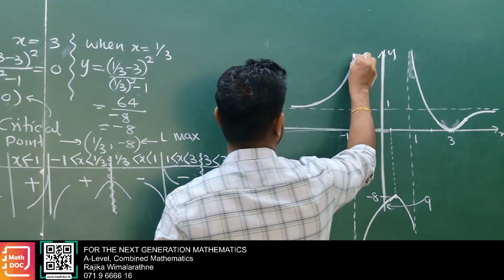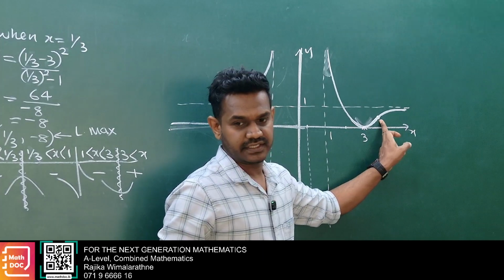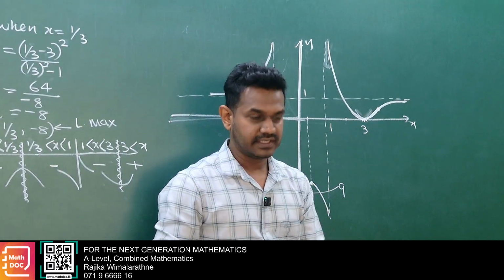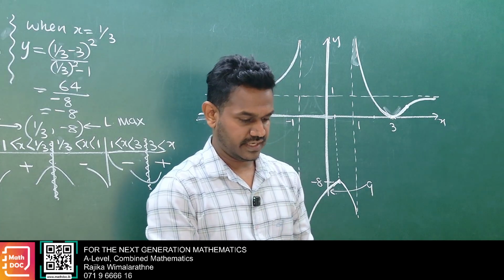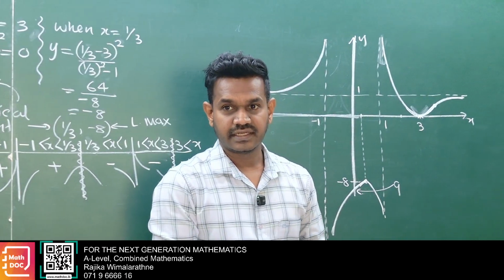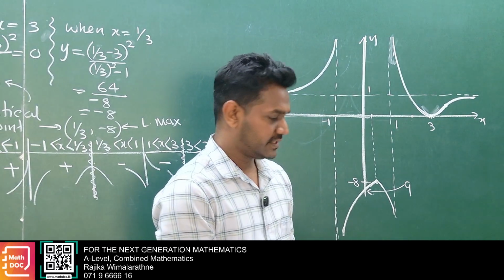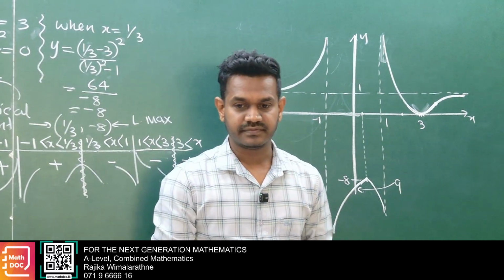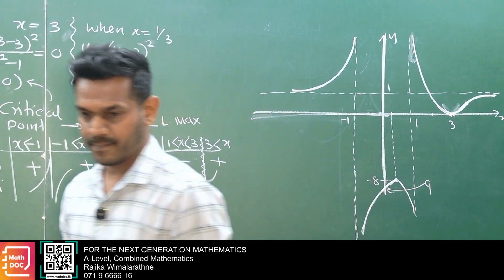Here this point is where the second derivative is 0, but here the second derivative is not given, so no worries about the second derivative test. That is 2016, no? Complete it.